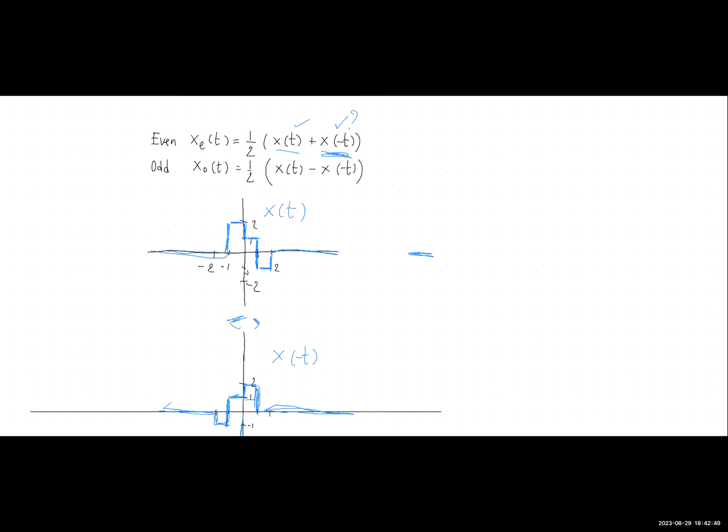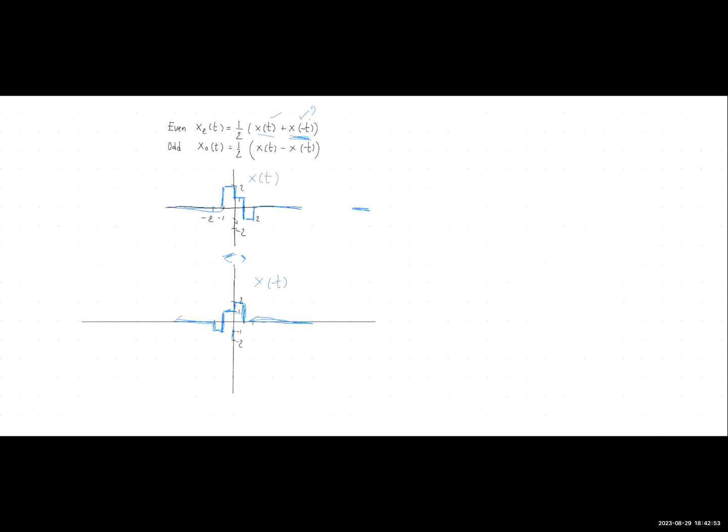Okay, and our graph x(-t) is going to look like this. All right, so now we've got both x(t) and x(-t).